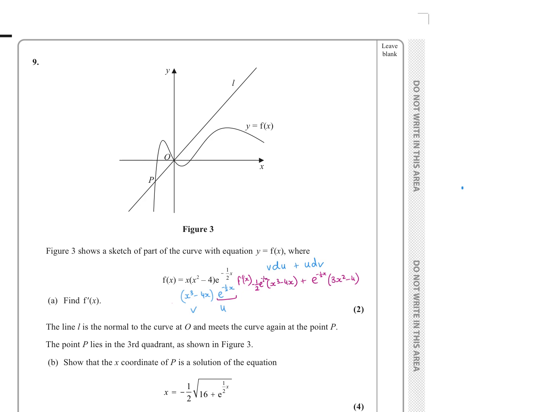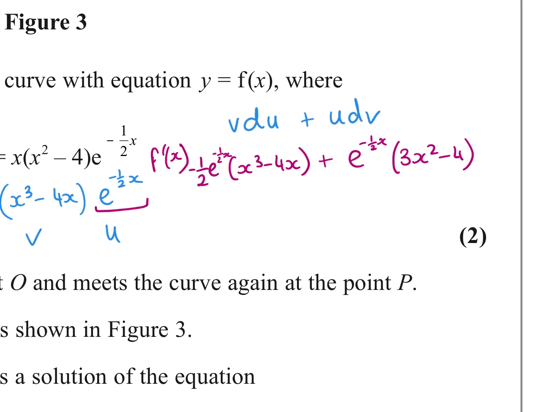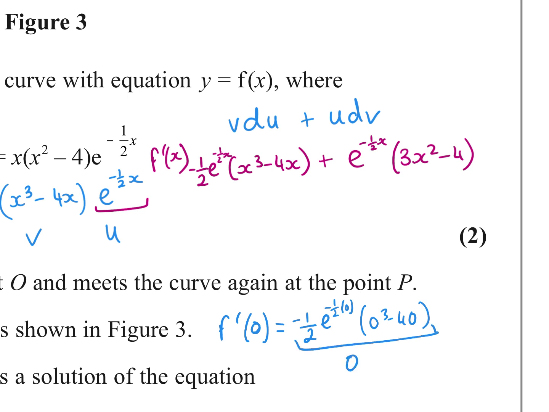We're going to substitute in 0 to find the gradient of this curve and then do the negative reciprocal for the normal, right? So if I substitute in 0, f dash of 0 equals minus a half e to the minus a half lots of 0, which is 1, times 0 cubed minus 4 lots of 0, which is 0. So this becomes 0.